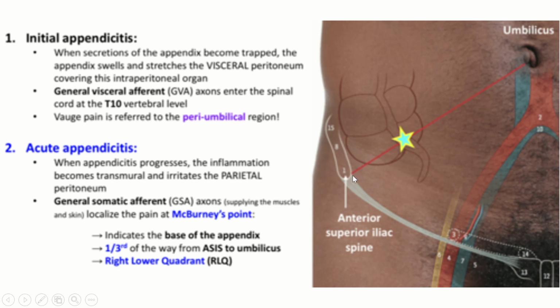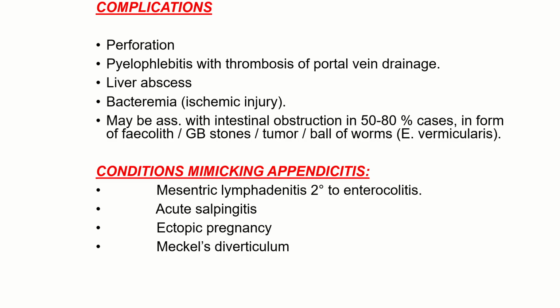How do you find McBurney's point? You take the anterior superior iliac spine, you take the umbilicus, you draw an arbitrary line, and the junction of the outer 1/3 and inner 2/3 is your McBurney's point. So, first the patient will have pain around the periumbilical region, then it will be in the right iliac fossa at McBurney's point.